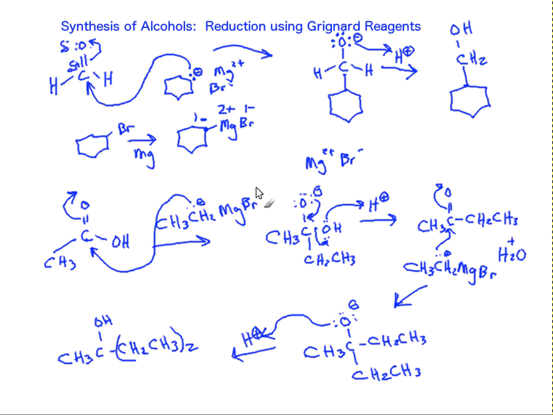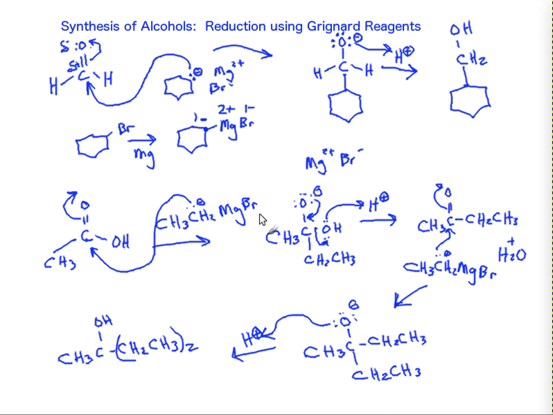Same process that we saw with hydrides. It's just instead of a hydride, just a hydrogen, we can bring along a carbon chain, right? A cyclohexyl group, ethyl group, but we always have to consider that alkoxide intermediate and determine whether we can reform the carbonyl and have a two-step synthesis of an alcohol or one step.